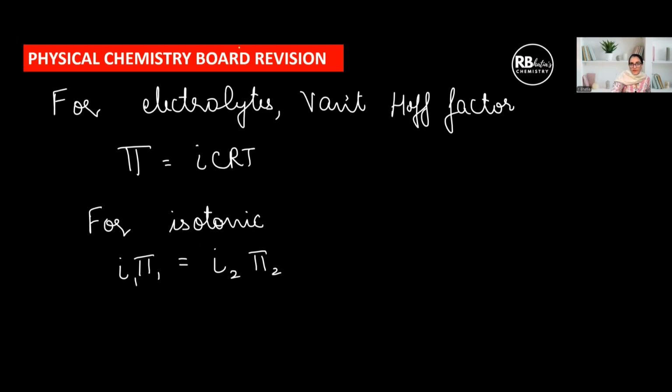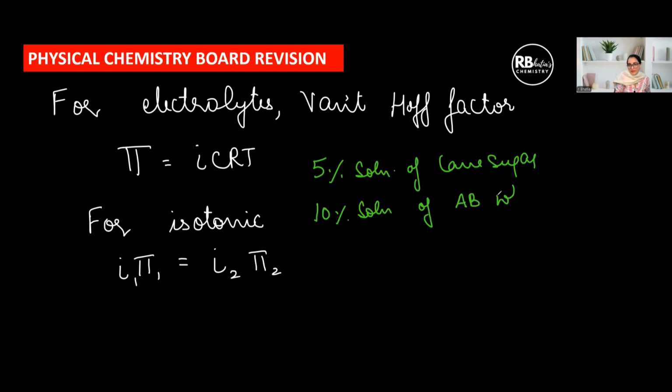Okay, for example, if I tell you a 5% solution of cane sugar, this time, is isotonic with a 10% solution of AB, which dissociates to give A plus and B minus.